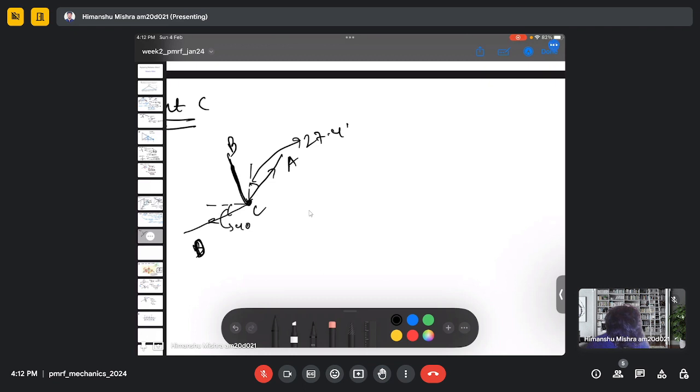This is 40. This is 50. And the overall angle is 90.